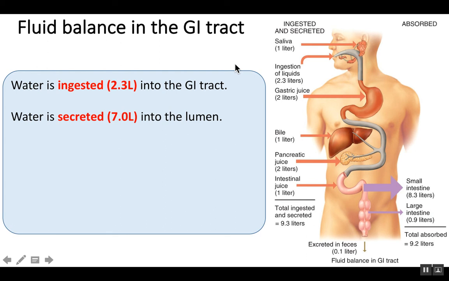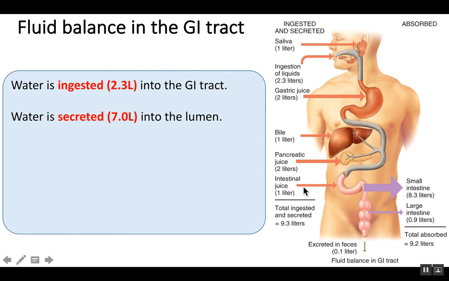You secrete about 7 liters into the GI tract. So this water comes from saliva, about 1 liter a day, gastric juice, about 2 liters a day, 1 liter of bile, 2 liters of pancreatic juice, and 1 liter of intestinal juice.